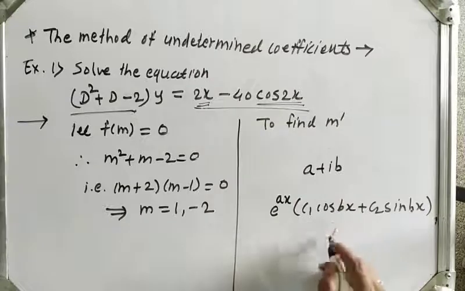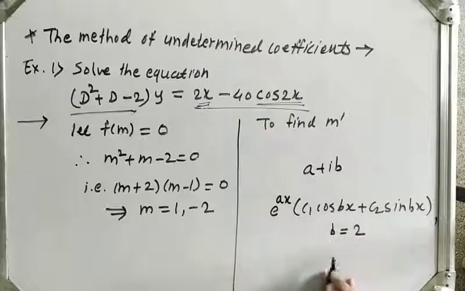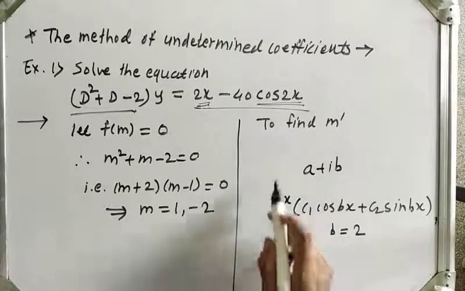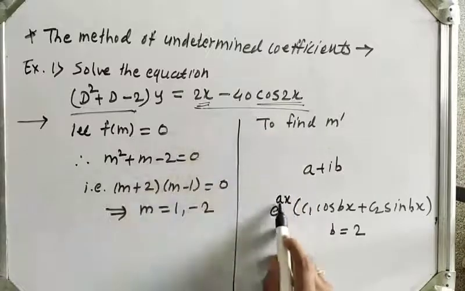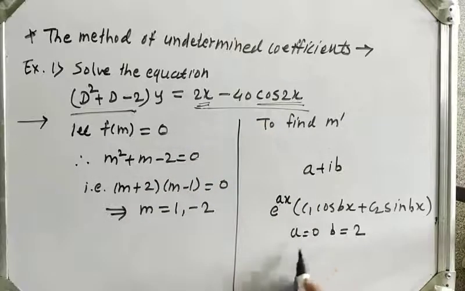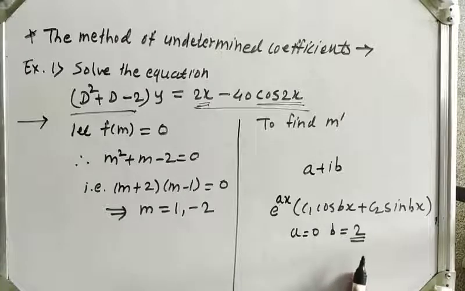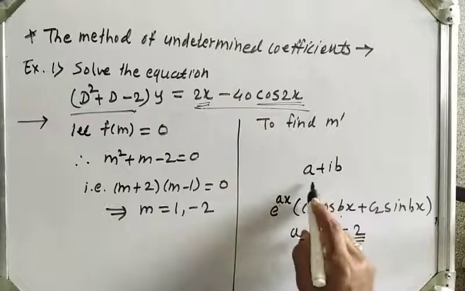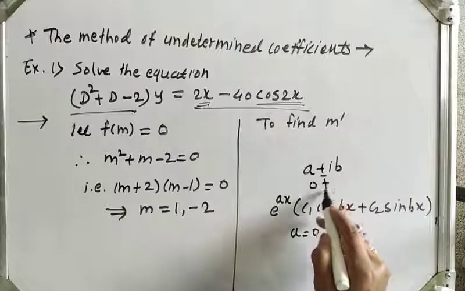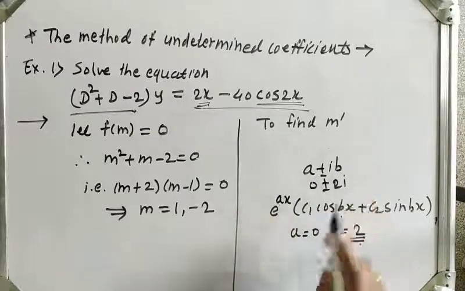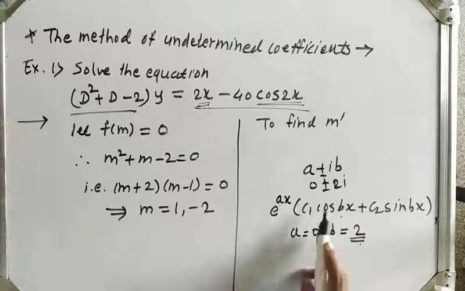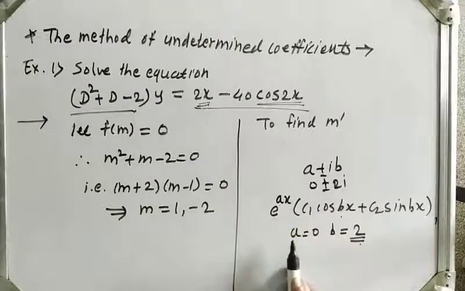Cos of 2x means we want b as 2, and there is no term of e, so a must be 0. So what is the other root? We want 2 here, so 0 plus minus 2i. So our other root is plus minus 2i.